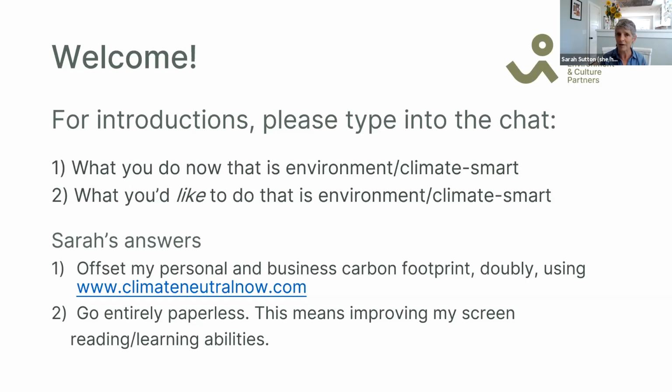I really like paper. I like to hold paper and read it and write it. And so I have to rewire my brain in order to operate off the screen. But I know that I can master that skill. So go ahead and enter in the chat some of those things that you do or would like to do. And let me get my screen up and rolling.